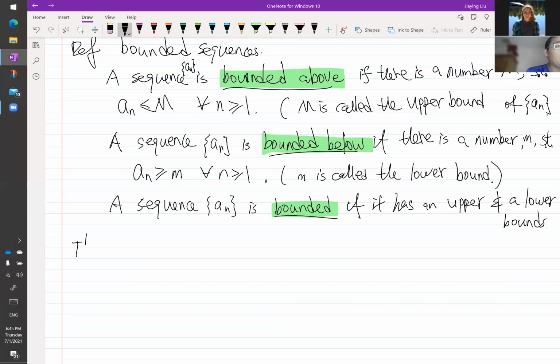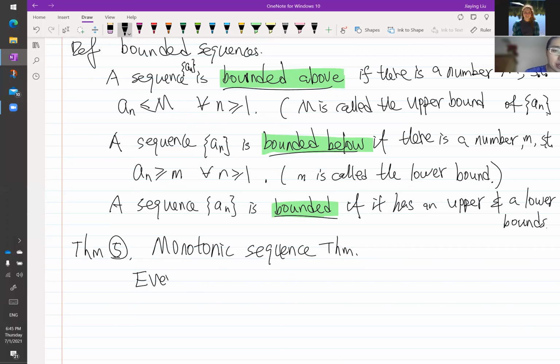And I think I said Theorem 4 was the last one, but here's one more. Theorem 5 is called the Monotonic Sequence Theorem. This is the last one, and it's really simple.